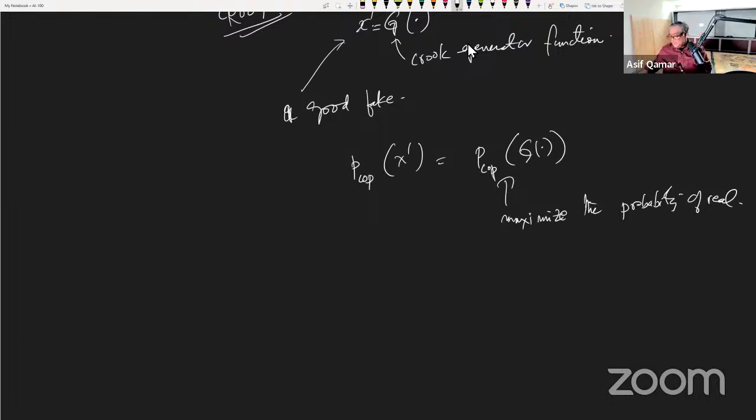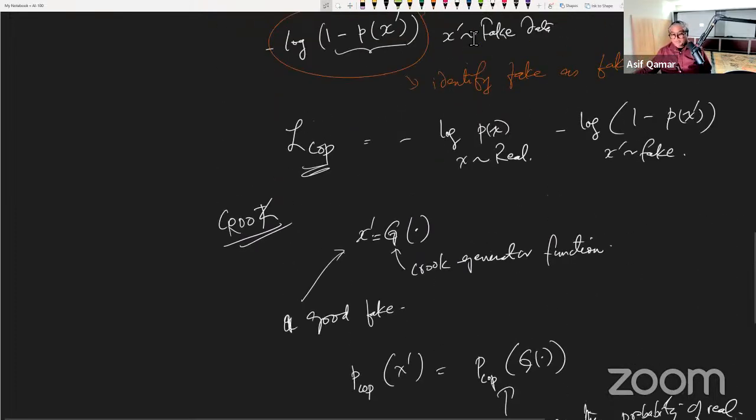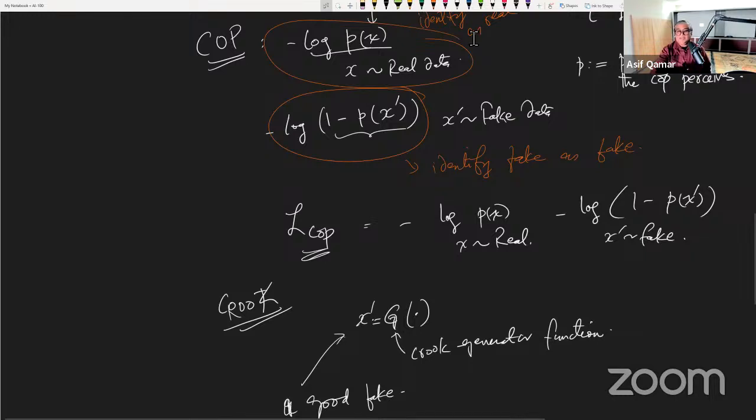What is happening is the cop has a bit of an advantage, because the cop is at least told when his answer for real is wrong. He's also told when his answer for fake is wrong. Both things. Remember, the cop gets two answers, for real and for fake, both. You tell it in a supervised learning exercise.